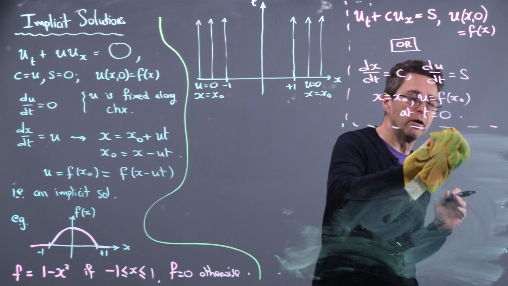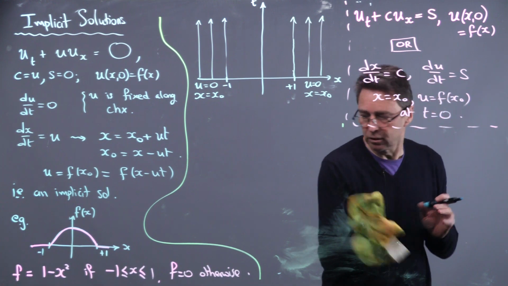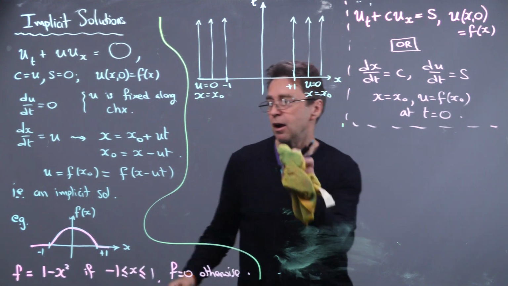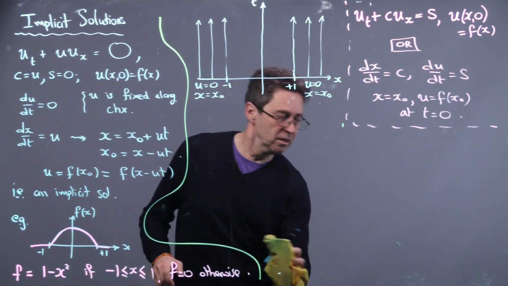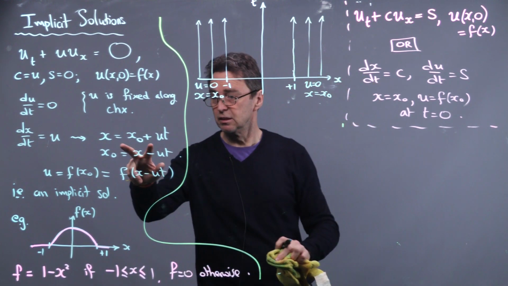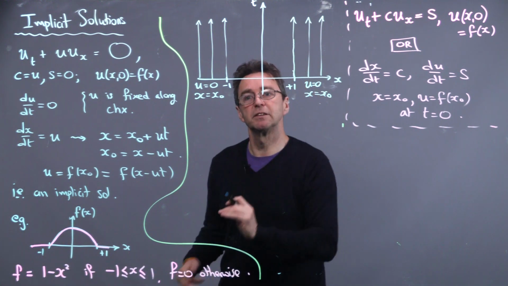Now for the other part, I need to draw the characteristics corresponding to that section. Now, since u is fixed on each characteristic, the characteristics are straight lines, right? So they're always straight lines even over this region.